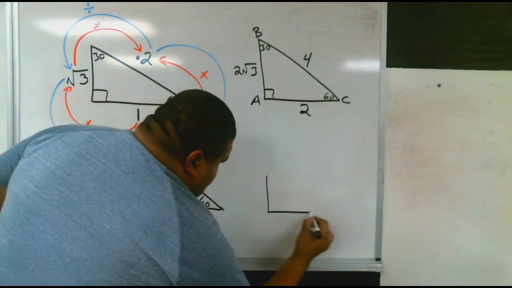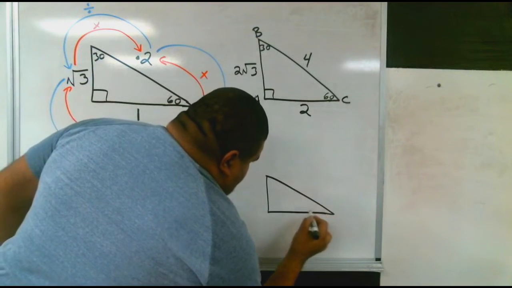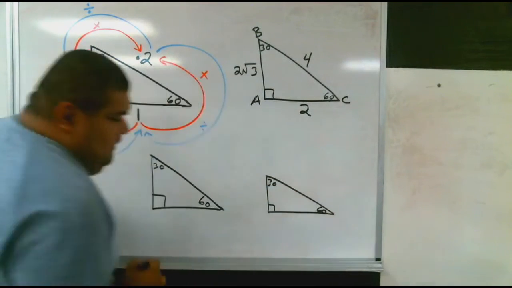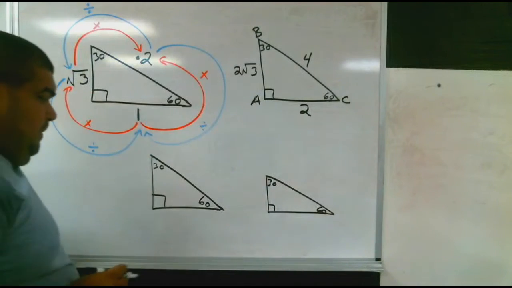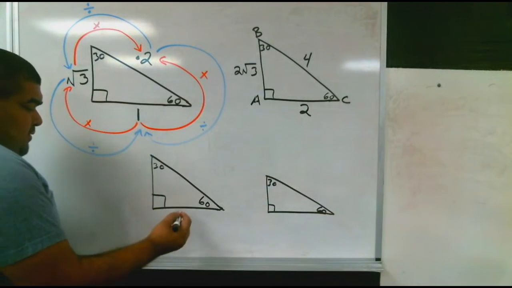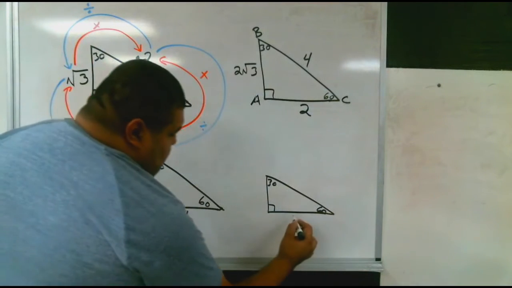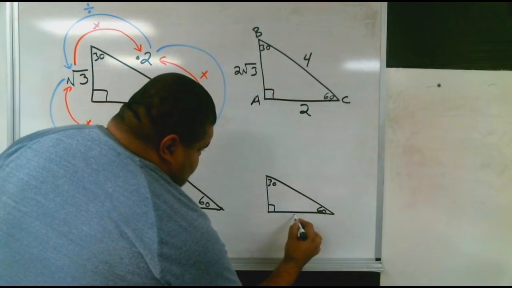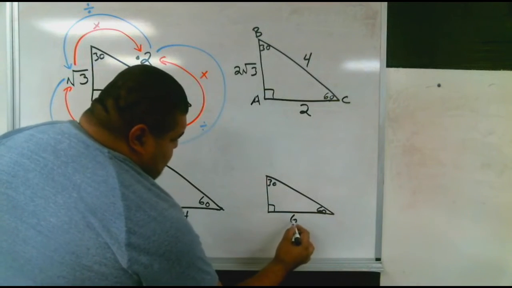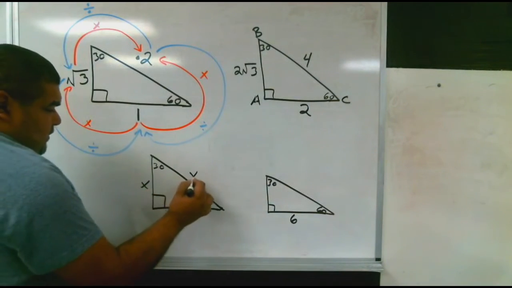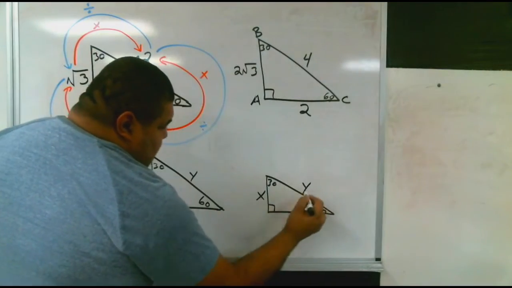Keep in mind, I'm going to give you exactly the same thing I did: 90, 30, and 60. You have two triangles. We have 4 and 6. All you have to do is tell me x and y on each one.